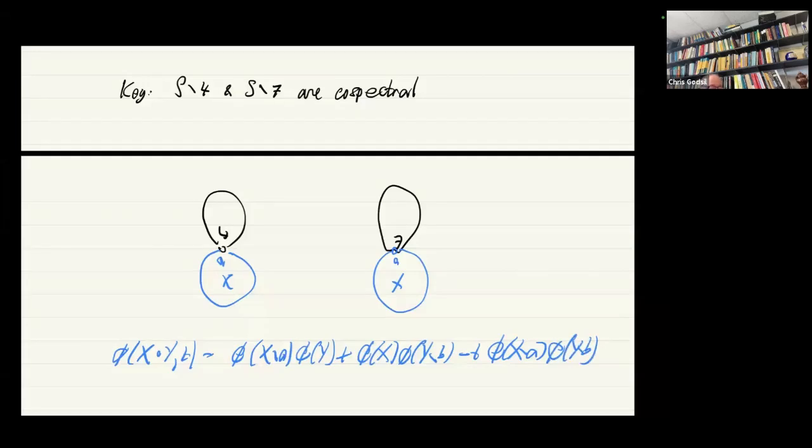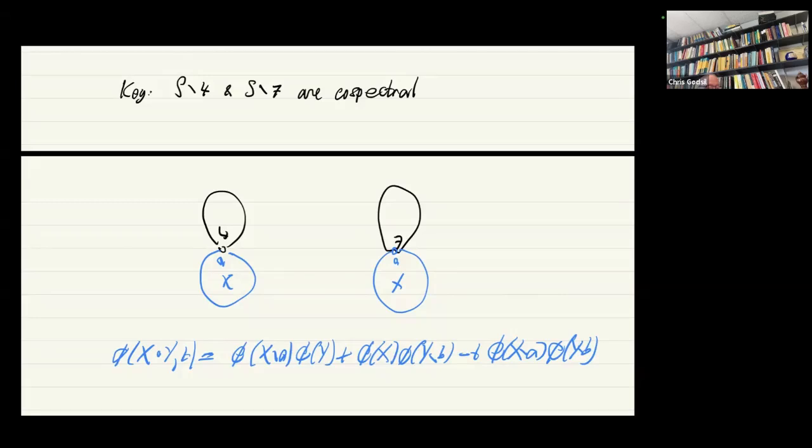This could be proved in more than one way. Schwenk proves it just by expanding determinants, which works pretty well if you've got a blackboard to do it. So the point about this identity is it tells you the spectrum of this is determined by the spectrum of X, the spectrum of Y, and the spectra of X drop A and Y drop B.